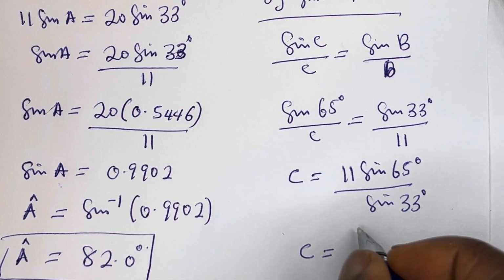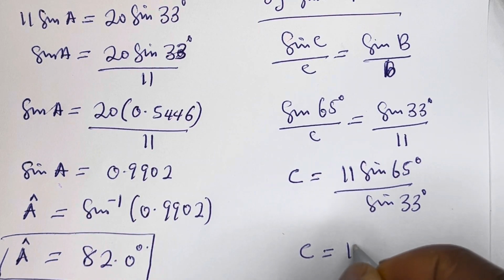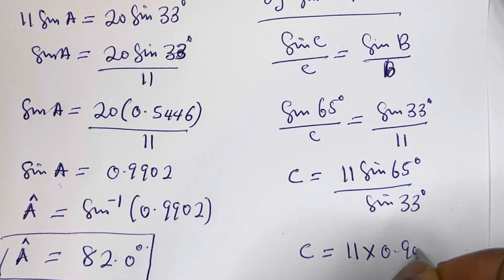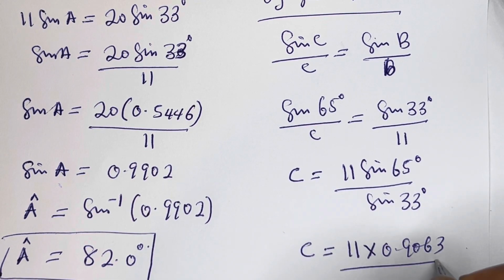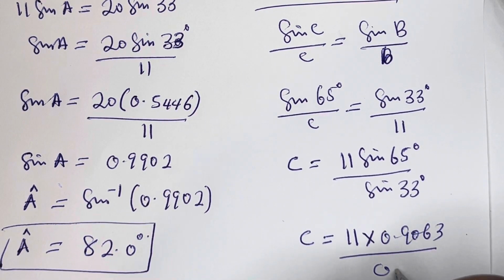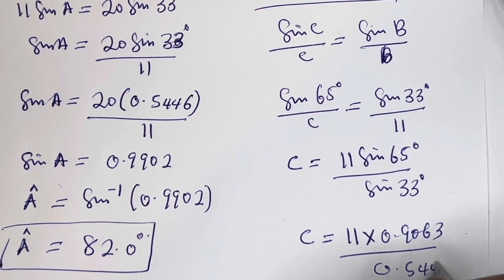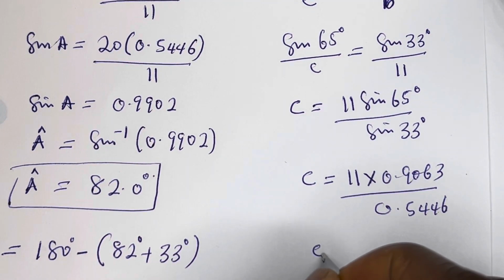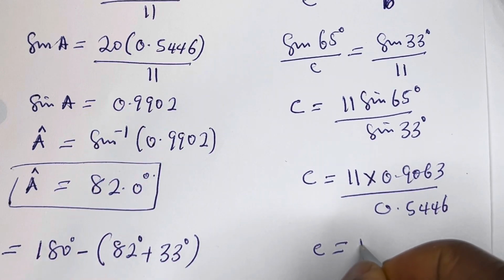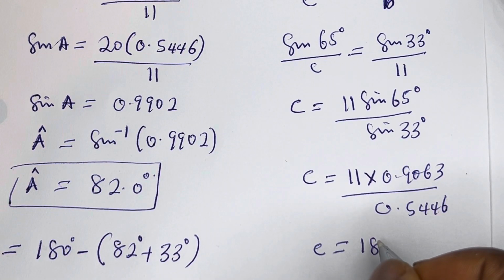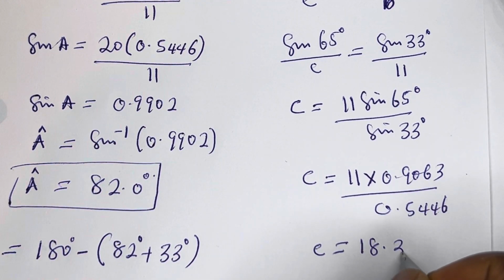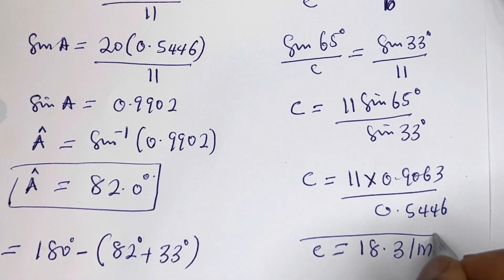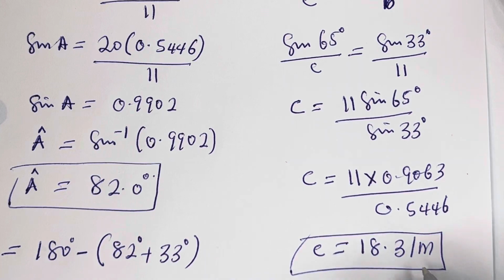C is equal to 11 multiplied by 0.9063 divided by 0.5446. Then side C is equal to 18.31 meters. This is the value of side C.